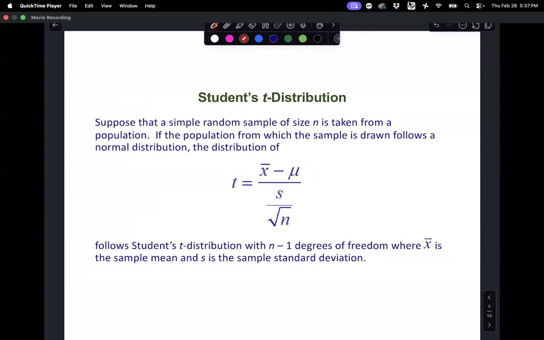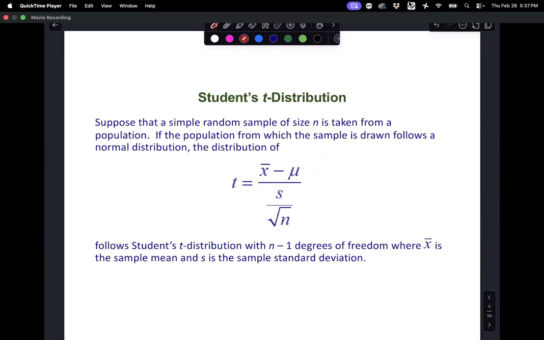So let me explain a t distribution. We use a t distribution when we don't know information about the population. We do this when we have smaller sample sizes generally.